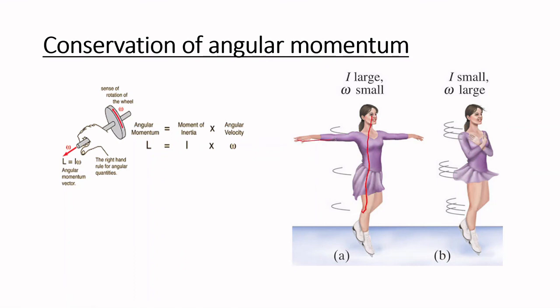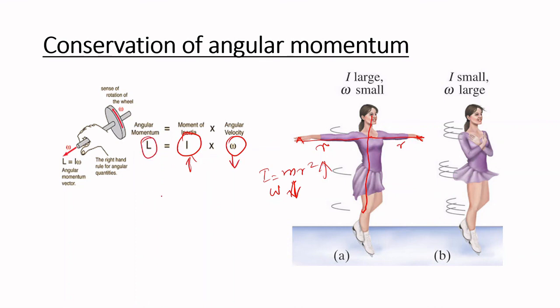From there, the distance to the mass points is increasing. So what happens? m r square will increase. So I is obviously increasing. When m r square increases, I increases. So omega has to decrease such that the product I into omega remains a constant. That means if this value is increasing, this value has to decrease by the same order so that L will be a constant.